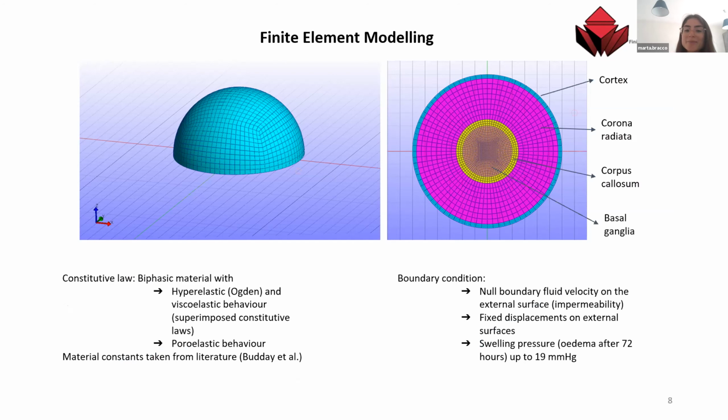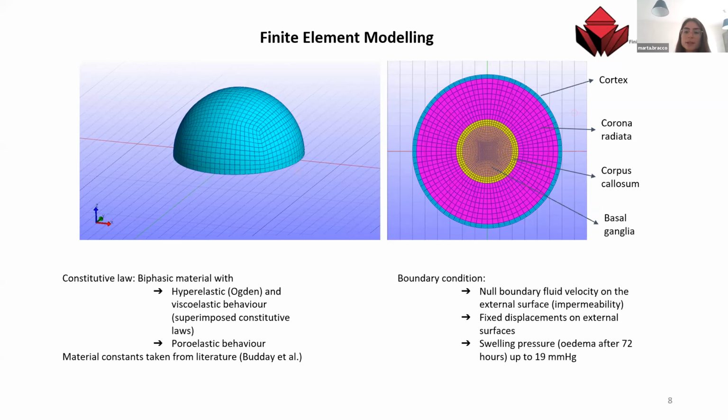Thank you. So we also defined the boundary conditions, of course, for our model. And we have assumed that there is no outflow or inflow of fluid around the surface of the brain. So we have assumed impermeability on the outer shell. And we have also fixed the displacement of the whole outer surface in order not to have our brain move around in the space.